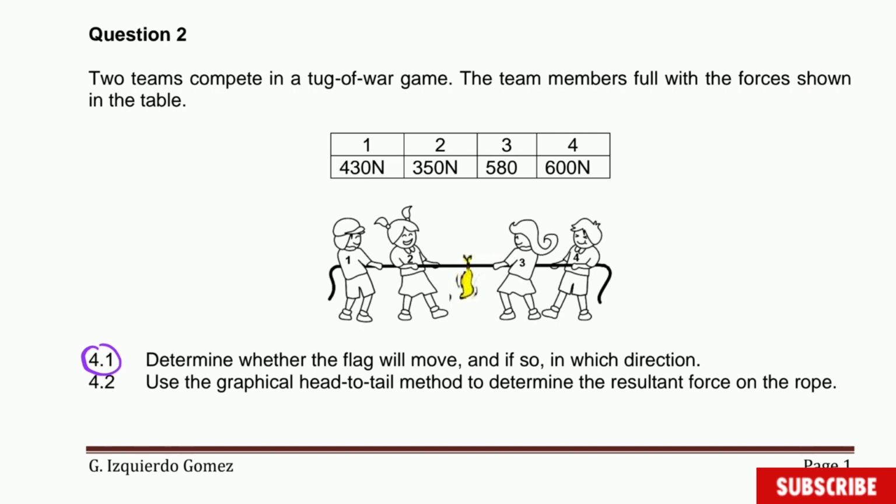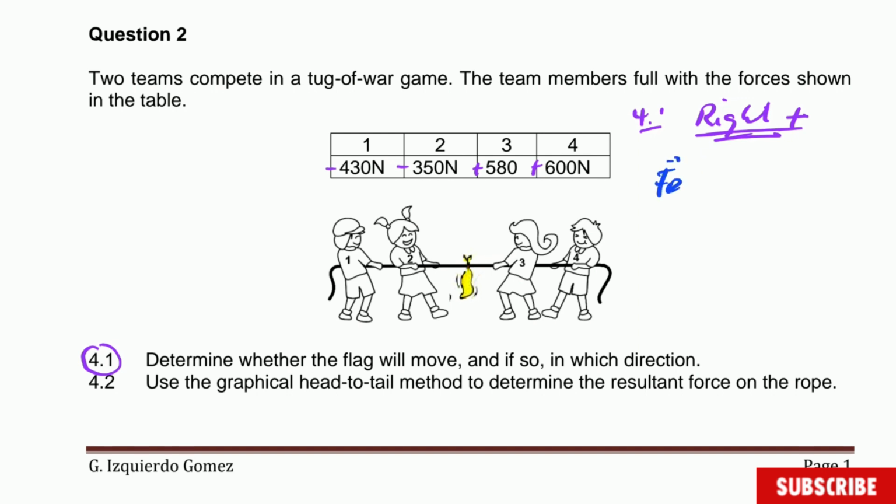So to do this one, we have two directions. We have right and we have left. This one is question 4.1. Let's select right as the positive direction. It means that 3 and 4 are positive, and 1 and 2 are negative forces, guys. So easy.